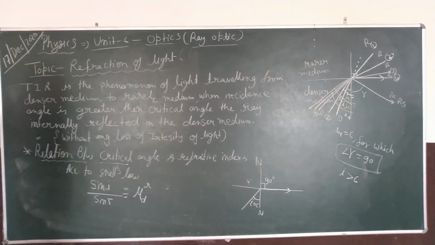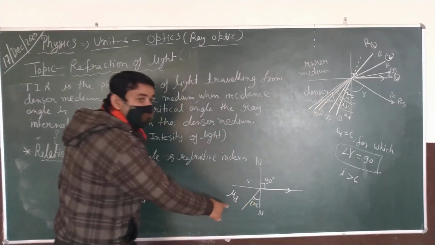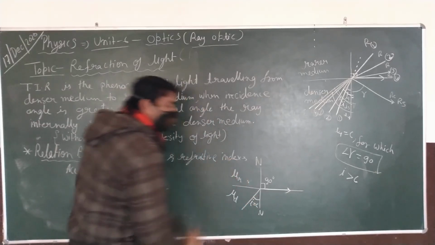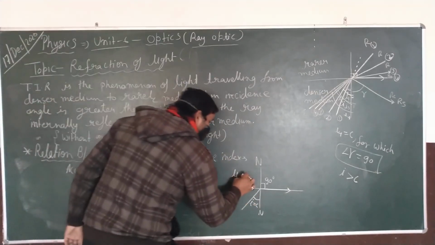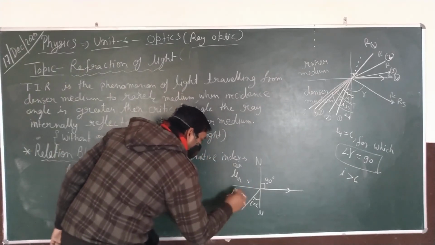Here we are using the refractive index of the denser medium as mu d and the refractive index of the rarer medium as mu r. The rarer medium we say is air, and it is any medium.